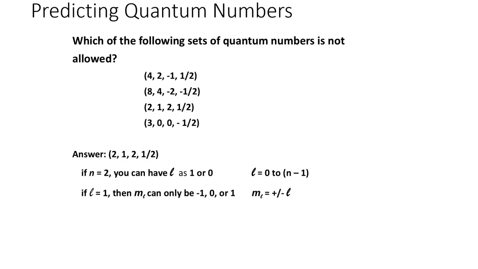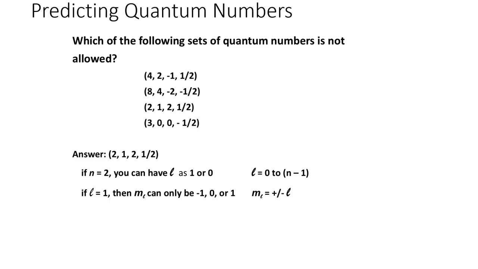The correct answer here is the set of quantum numbers with an n value of 2, an L value of 1, an m sub L value of 2, and an m sub S value of 1/2. The reason: if n equals 2, which is the case here, you can have an L value of 1 or 0, because remember, L can be from 0 to n minus 1. So an n of 2 and an L of 1 is perfectly valid.